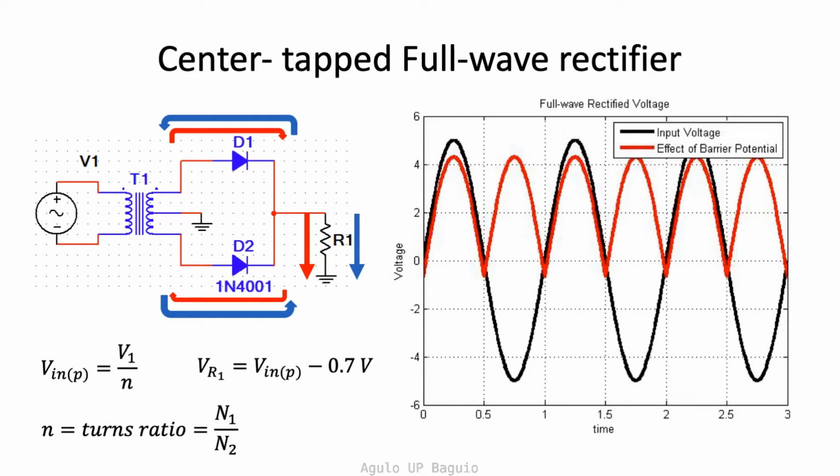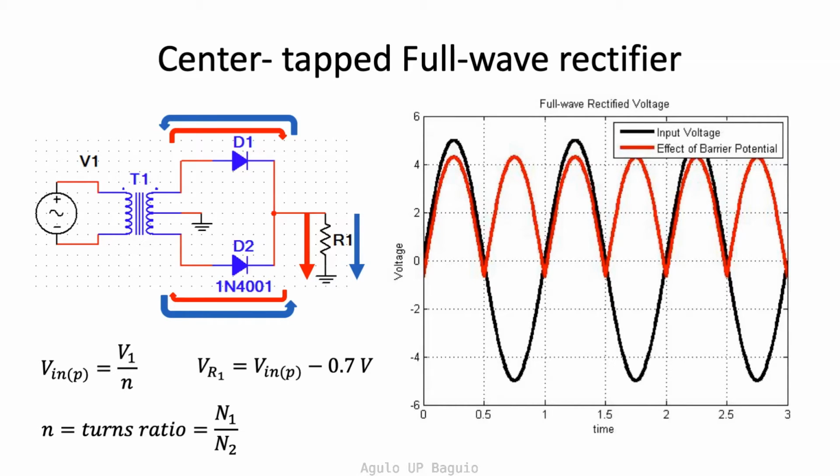For the second cycle, in the negative cycle, the direction of the current is represented by the blue arrows. Now diode D2 is forward biased and diode D1 is reverse biased. No current passes through D1 and goes instead through D2. The direction of the current through R1 is the same as its direction in the positive cycle.